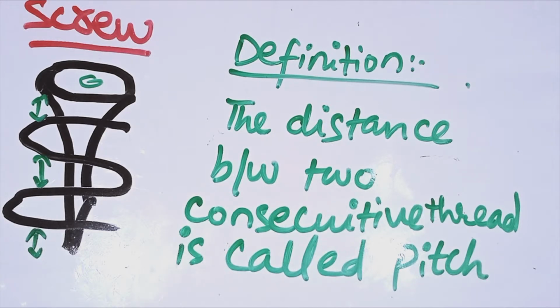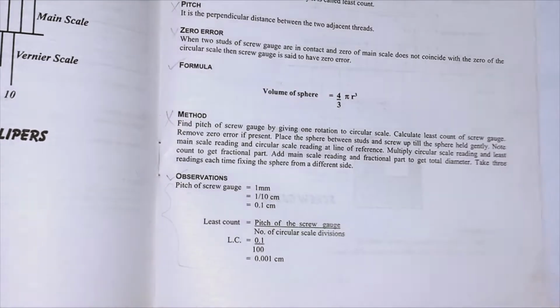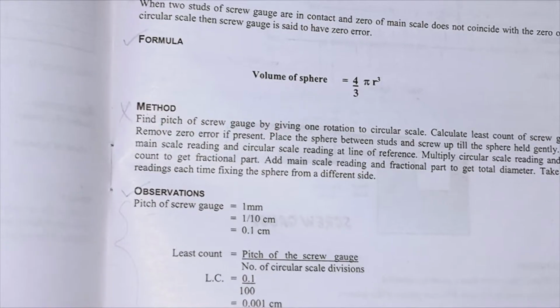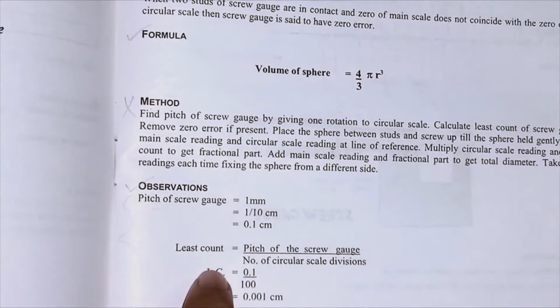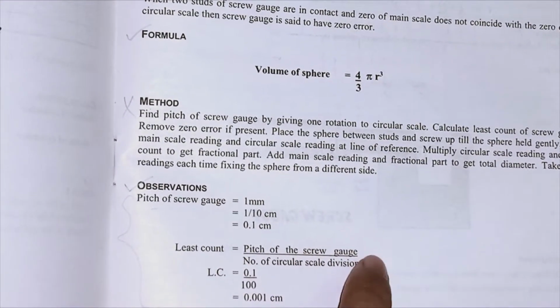Let's move ahead. What is least count? The least count of a screw gauge is equal to the pitch of the screw gauge.